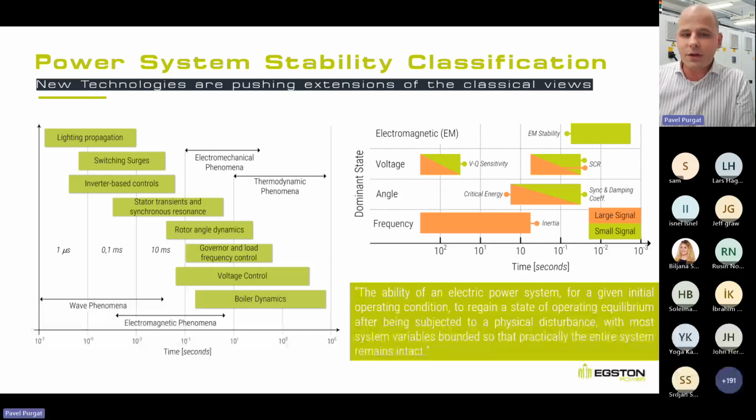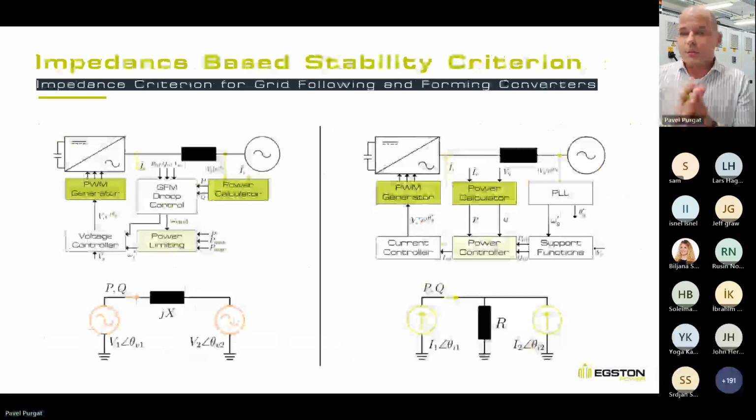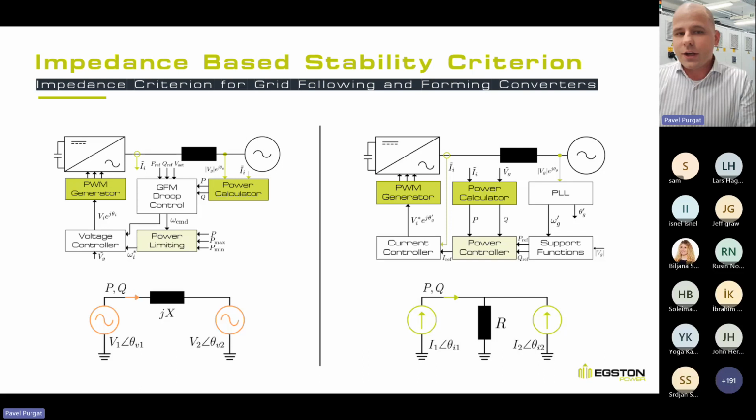Now, what are the typical devices that we would measure the impedance or admittance of? So when we look at the converters in power electronics or in the power system, we can roughly divide them into two groups. Either they are grid following, which is a technology that's more frequently used today. That means that they are synchronizing on an existing voltage, frequency, phase angle, and phase sequence.